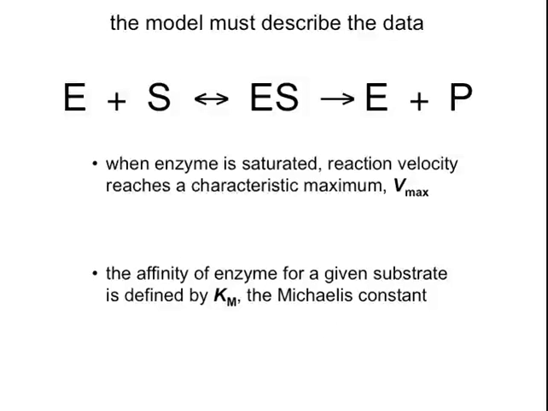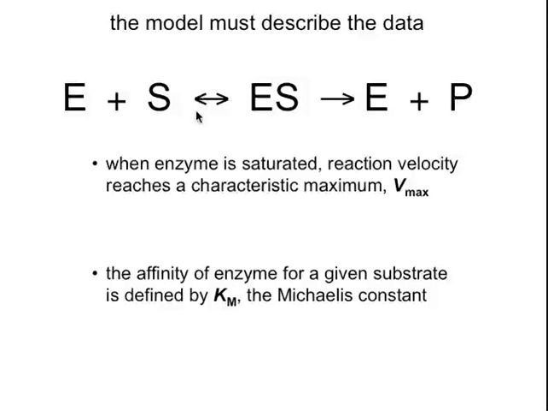How can we derive a model that describes this ES phenomenon? Well, let's start by assigning reaction rate constants to each of the reactions that are described in this phenomenological model. So here we have K1, that's the formation of the ES complex from E plus S, forward reaction there.